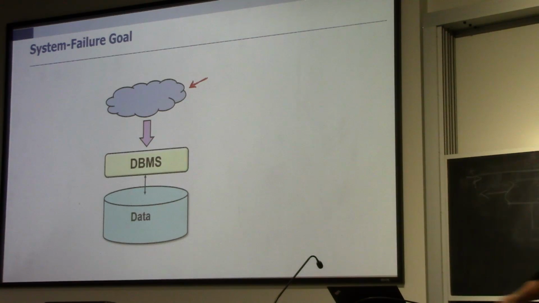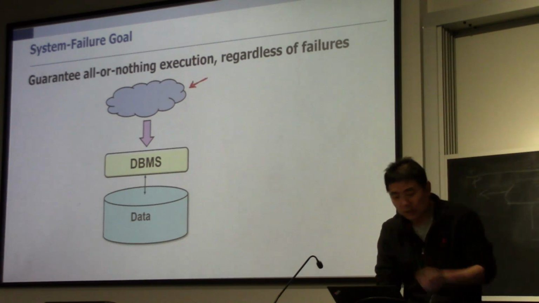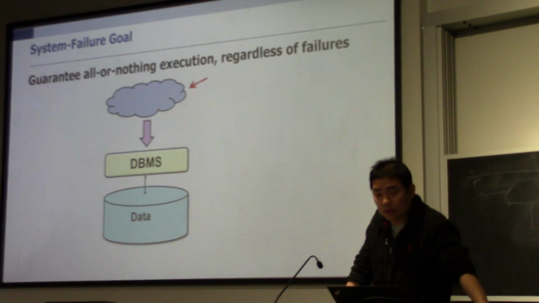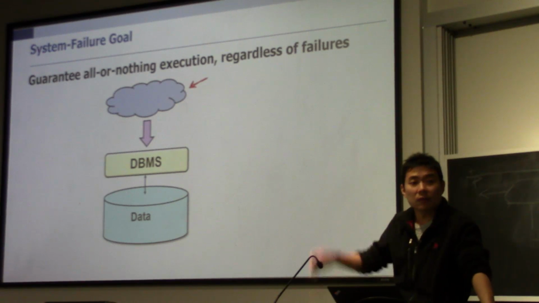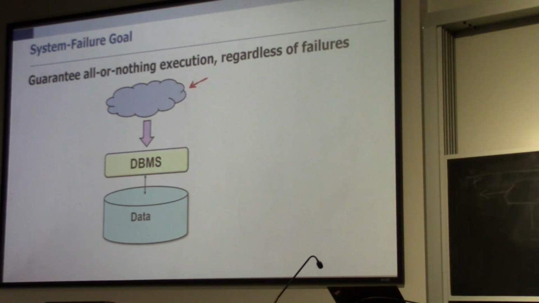The goal regarding system failure is you guarantee this all or nothing execution, regardless of failures, like I have demonstrated. If you have made one change or multiple changes, and before you commit the system fails, you should restore the system to a state as if nothing had happened.